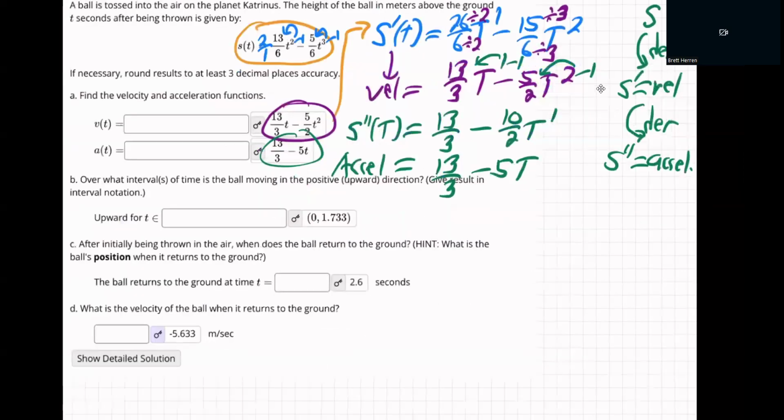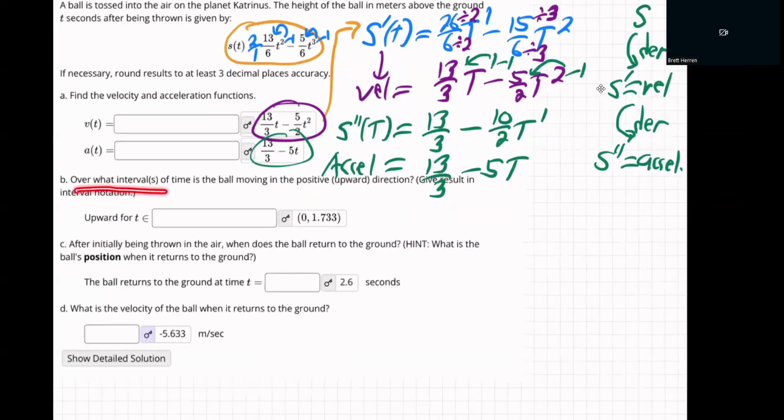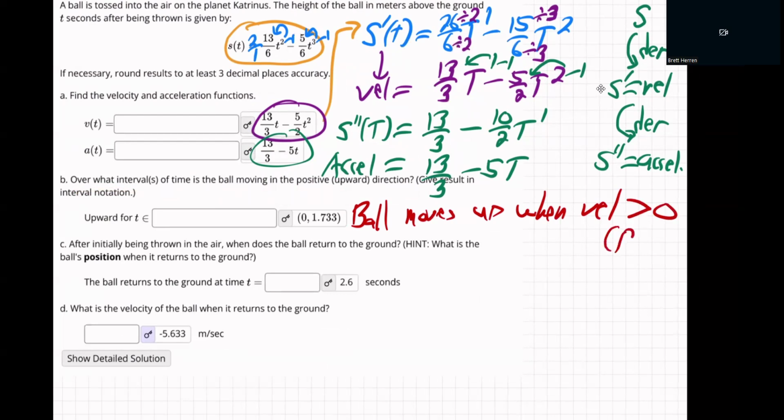Okay, now it asks us, over what interval of time is the ball moving in the positive upward direction? So when is the ball moving up? Well, the ball moves up when the velocity is greater than 0, positive.